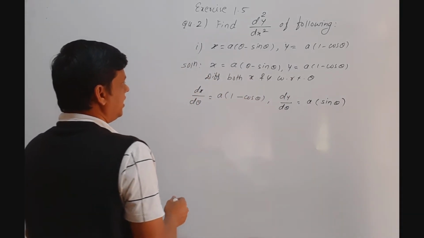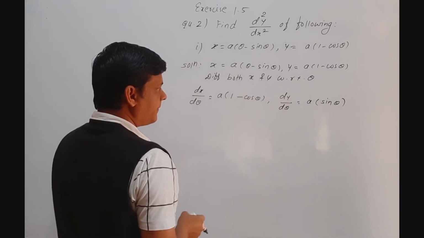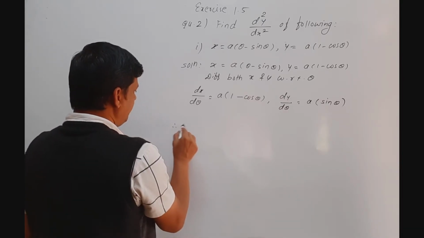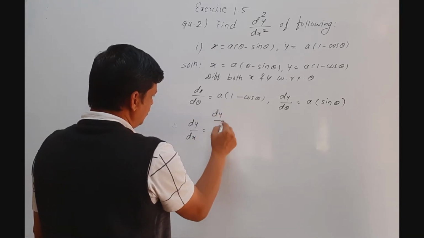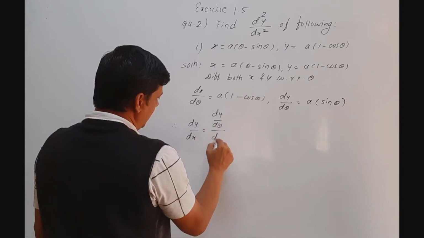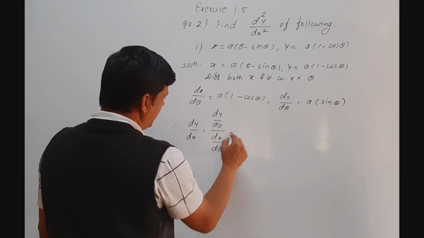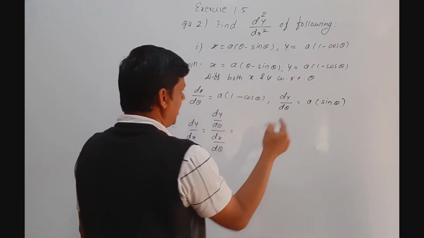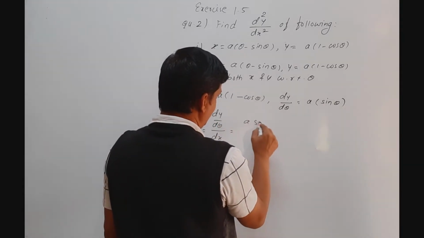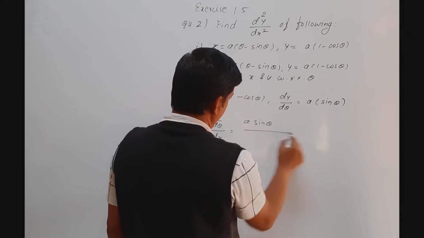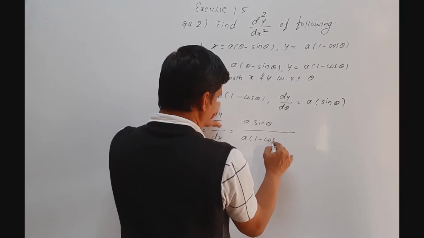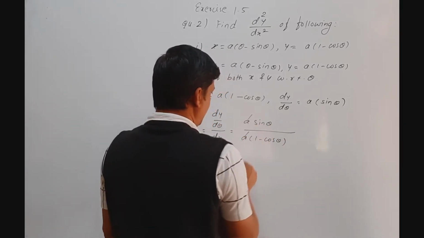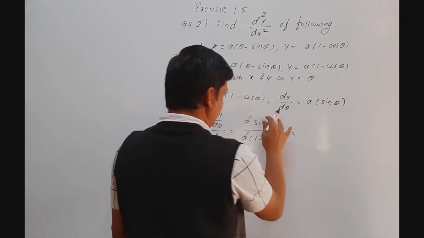Now we require dy by dx first. So from this we write, therefore, dy by dx is equal to dy by d theta upon dx by d theta. Now substitute the value of dy by d theta as a sin theta, and the value of dx by d theta as a in bracket 1 minus cos theta. So a gets cancelled. We simplify this.